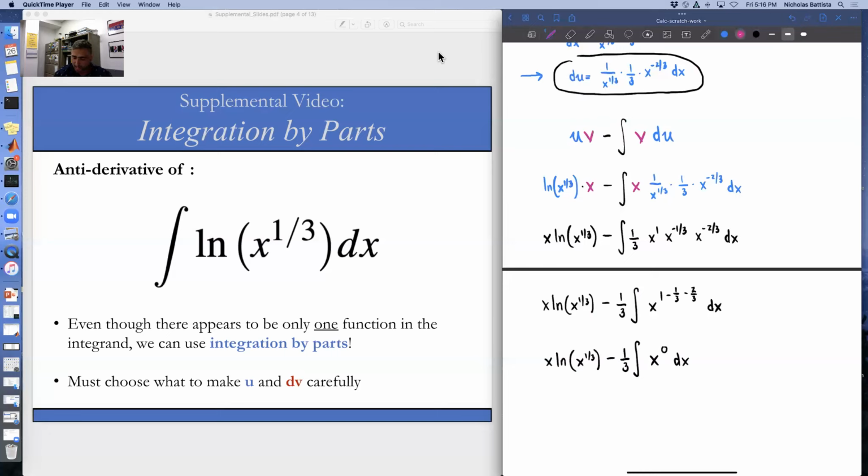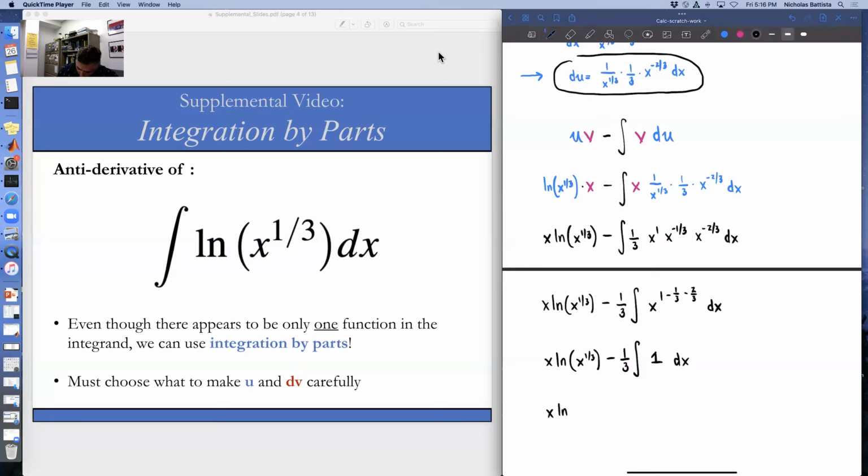Now, an x to the 0th power, we can rewrite as just 1. Again, any number raised to the 0th power is equal to 1, except for 0 to the 0. So this integrand actually simplified very nicely for us. We just get to integrate the number 1 with respect to x.